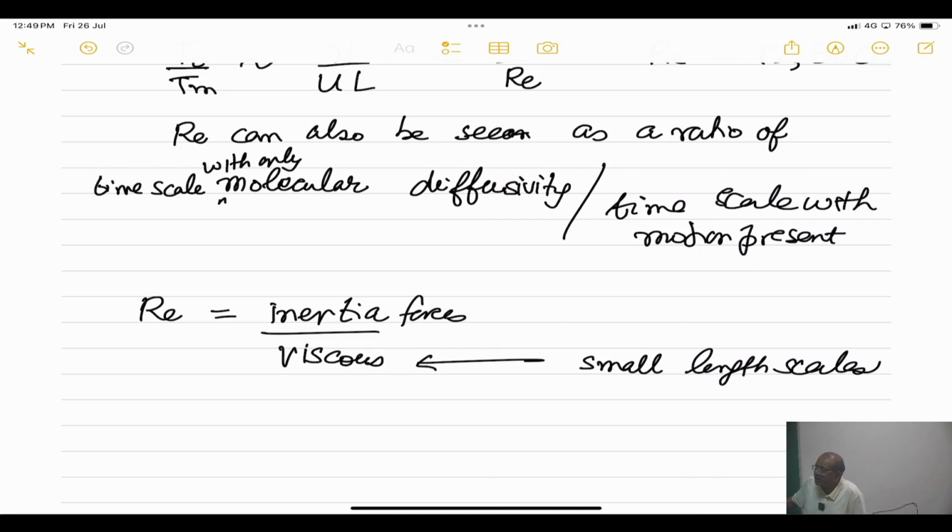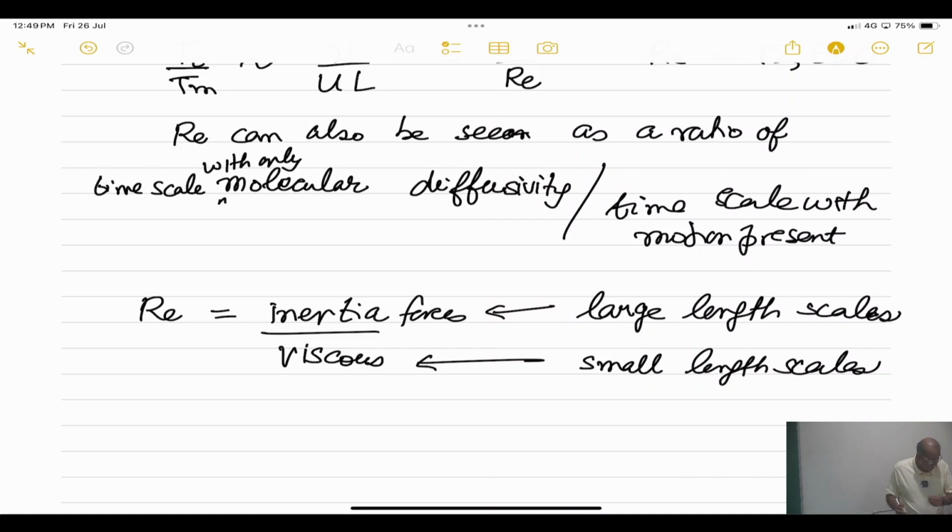These two things take place at different scales in a turbulent flow. So this explanation of Reynolds number as inertia to viscous forces, while correct, compares two phenomena at two different scales, so it may not be a very good comparison.